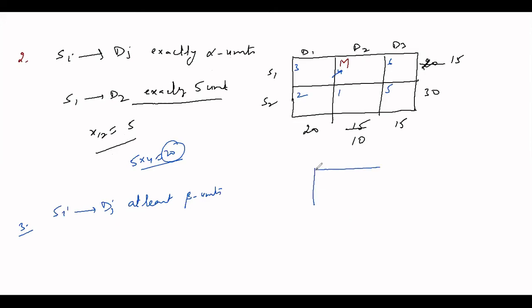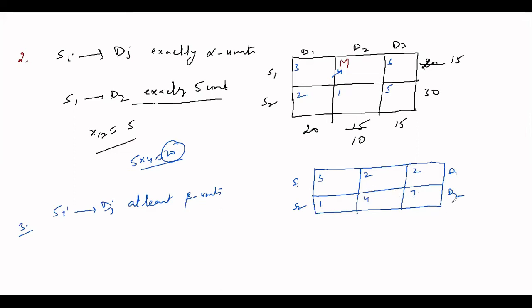What you do in this case, consider a transportation problem with 2 sources and, say, 3 destinations. So again 3 2 2 1 4 7 is, suppose, my cost of transportation, and this is my destination 1, 2 and 3, and suppose availability is again 20 and requirement is again 15, 10, 15.